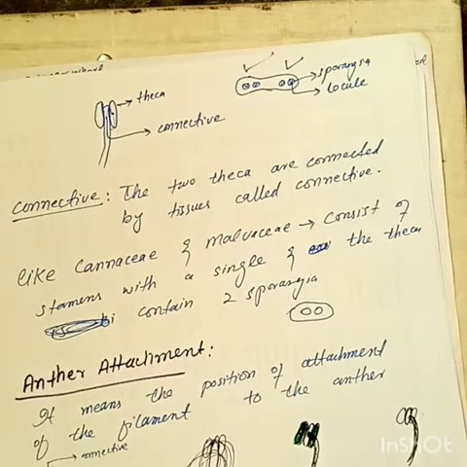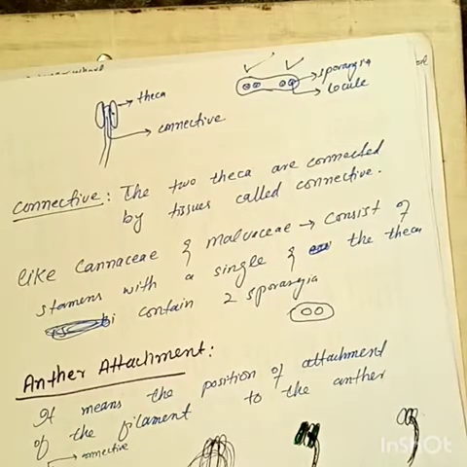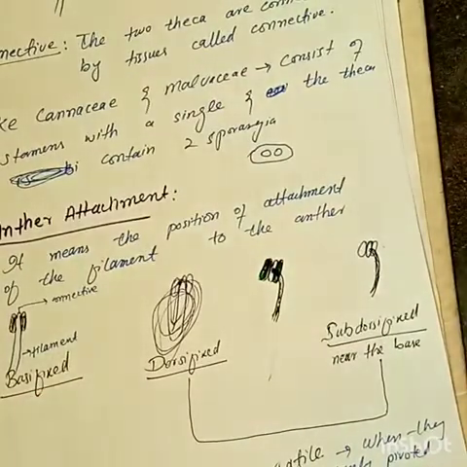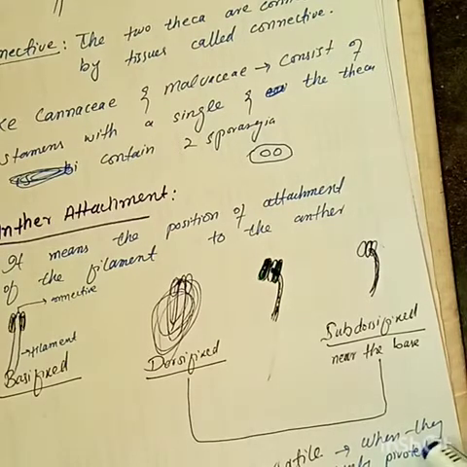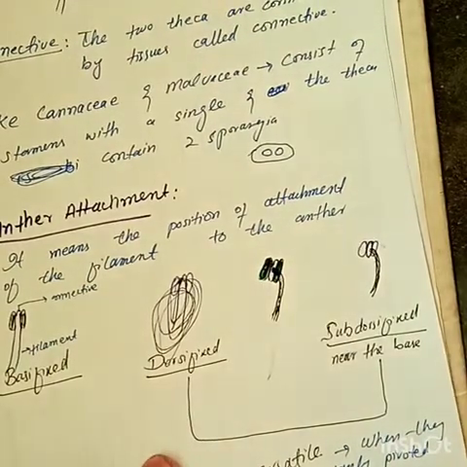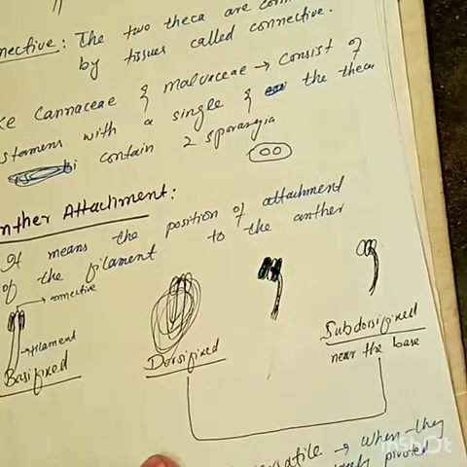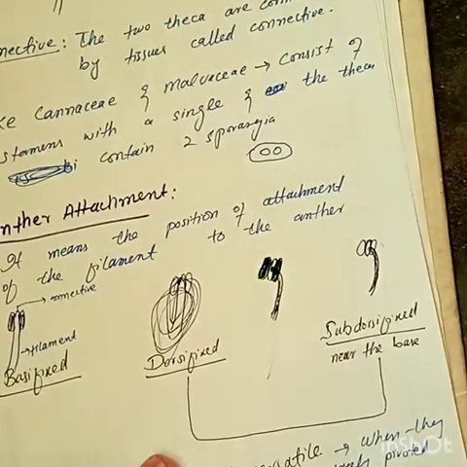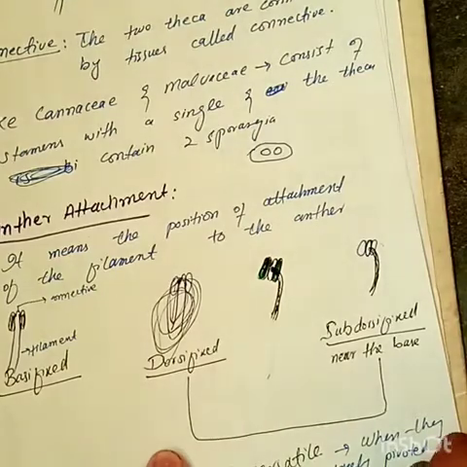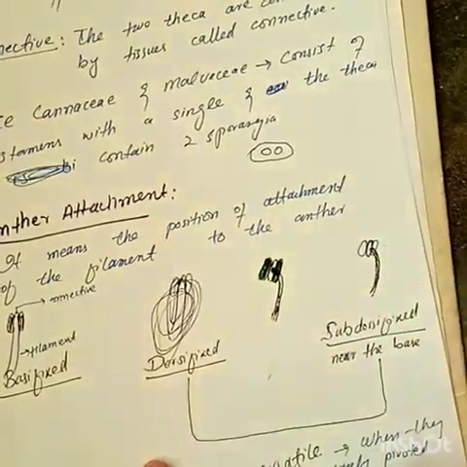Versatile anther attachment is that type of attachment when the anthers are freely pivoted. Like a pivot, it moves in this direction, in this direction, with an up and down motion.